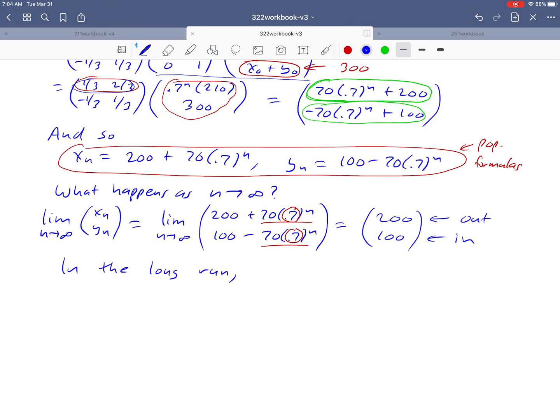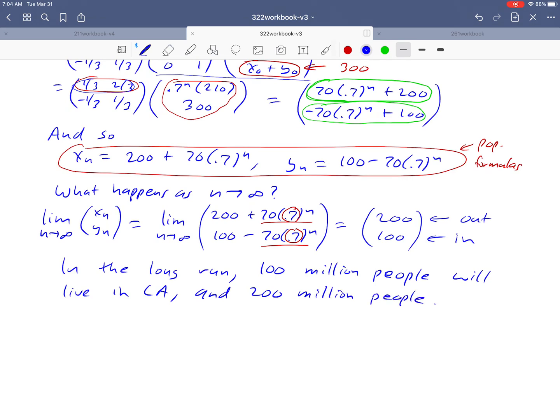In the long run, 100 million people will live in California and 200 million outside. Okay, and I think we have answered the question that they asked us.